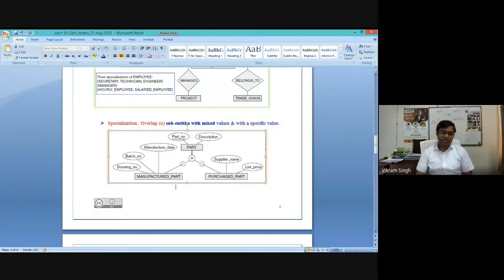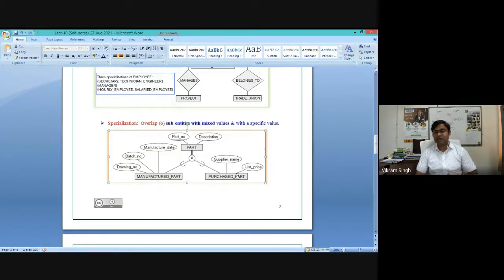Now, in the manufactured part as a sub-entity, you can see these three attributes are placed, which are related to the manufactured part type. There is another sub-entity which is purchased part, and this sub-entity has these two attributes, supplier name and list price.